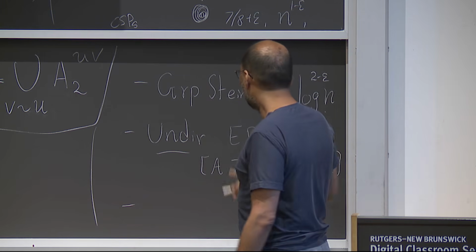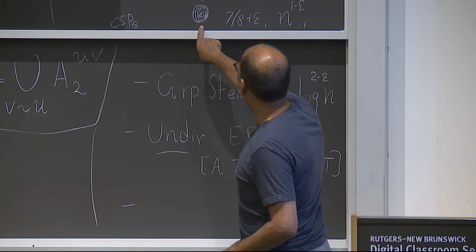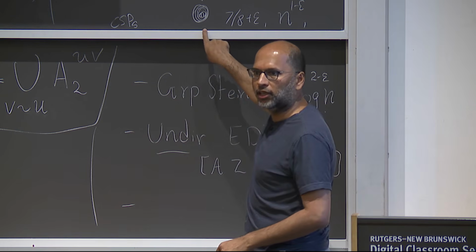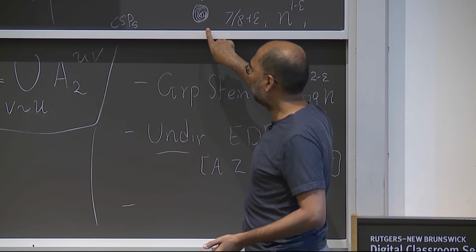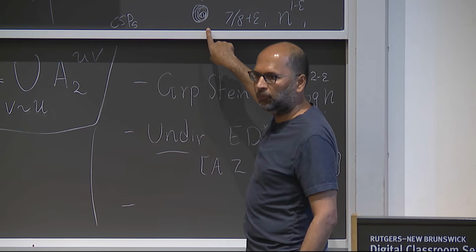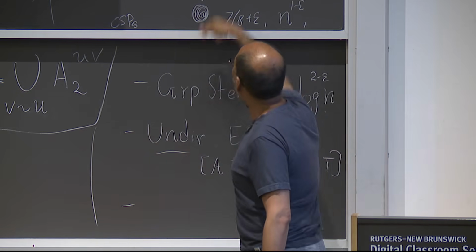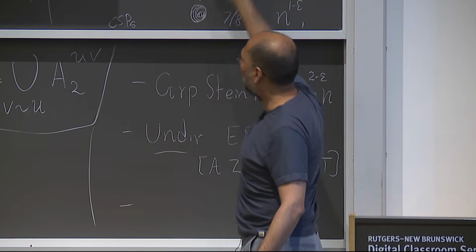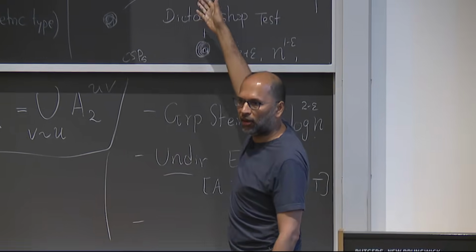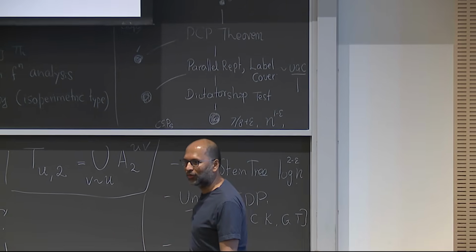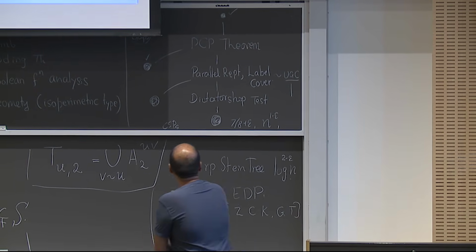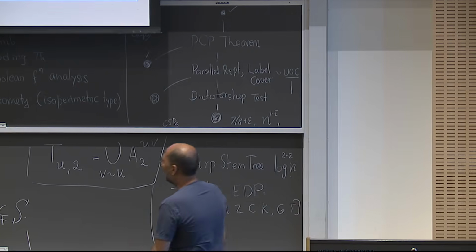Actually, they use reductions from some hardness result for CSPs, which Johan Hastad had proved earlier. So I think even for this, eventually it has to go through this main route. This one I call main route because that's where I mostly worked on, right? Okay, so we do have some 14 minutes.